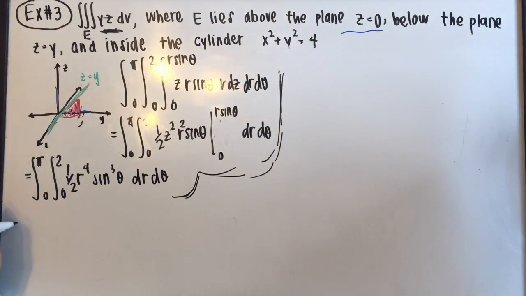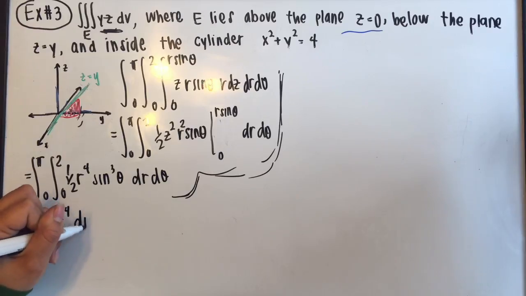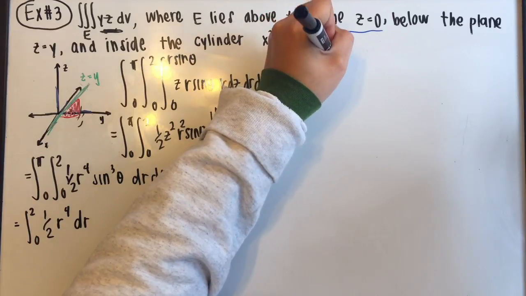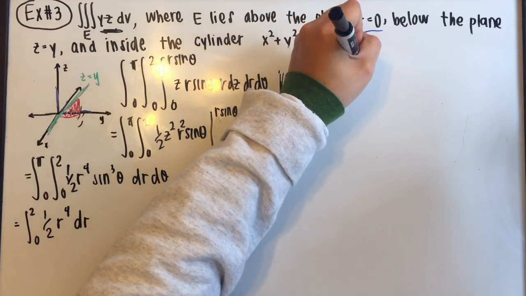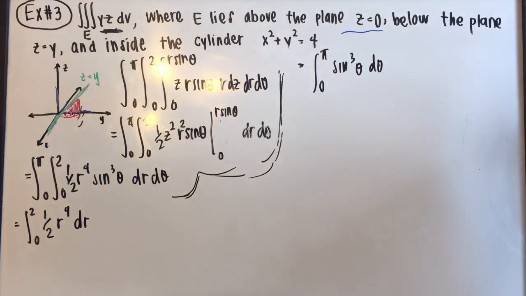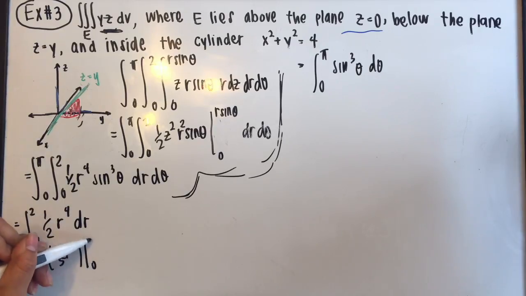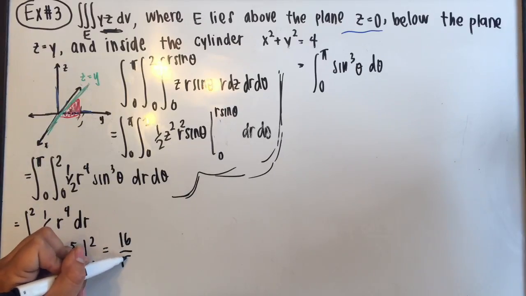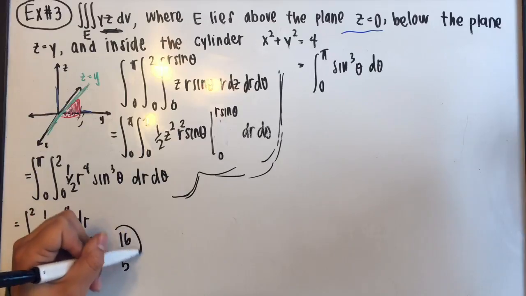So I'm going to write the 1/2 here, do this one here, the r integral dr, and the other part here, from 0 to pi, sine cubed theta d theta. Okay, so this is simply 1/5 r to the 5th power from 0 to 2. And so our answer would be 32/5.